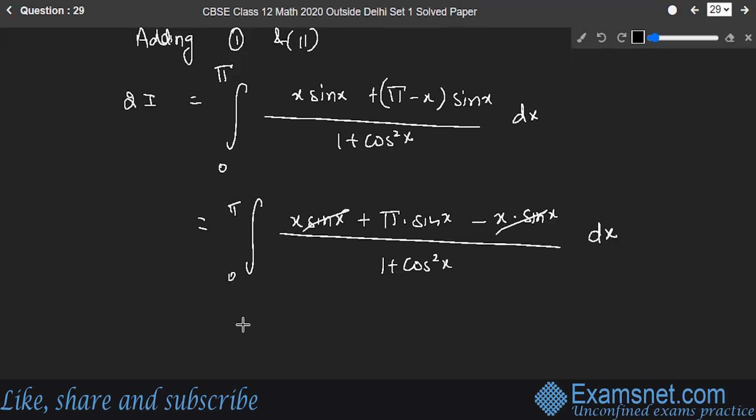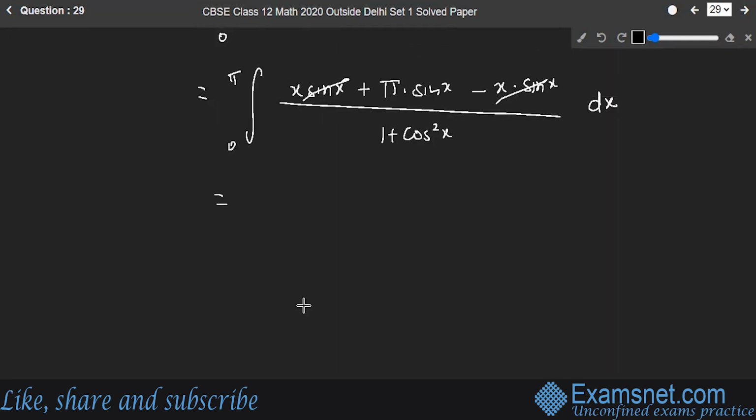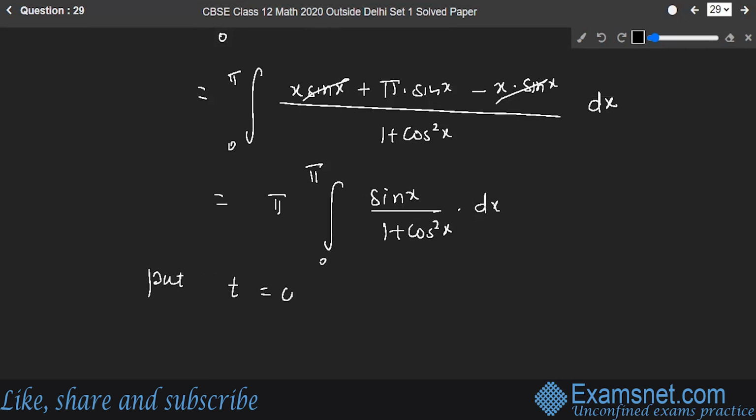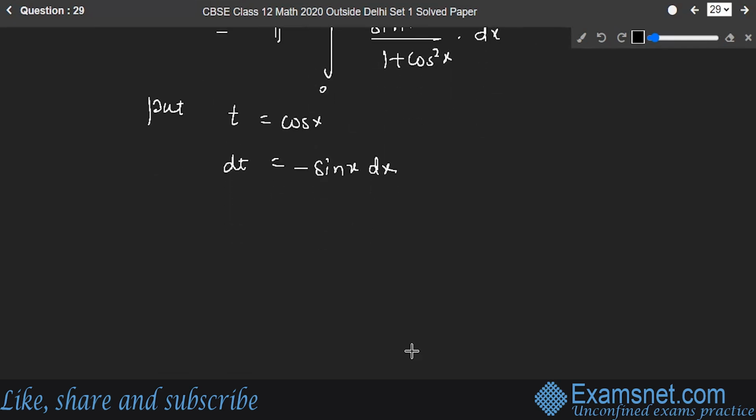The limits were from 0 to pi. So this is equal to, I'll take the pi outside, pi integral 0 to pi sine x upon 1 plus cos square x dx. Now let's put t is equal to cos x, or dt will be equal to minus sin x dx. So now at x is equal to 0, t will be equal to 1, and at x is equal to pi, t will be equal to minus 1.